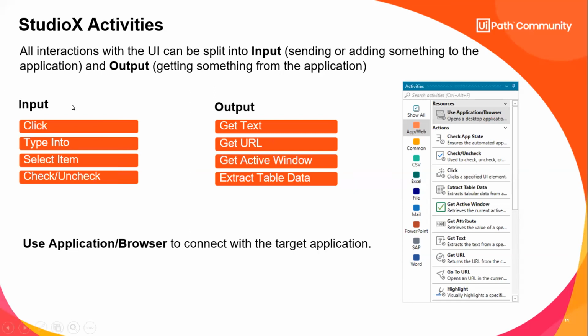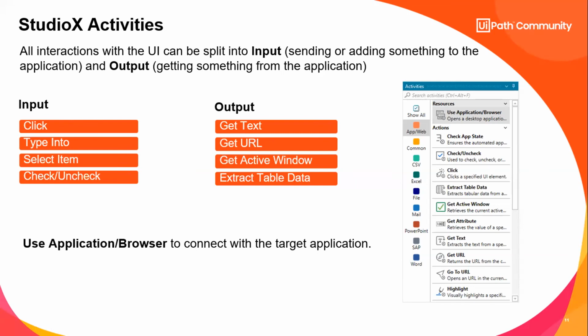For example, a few of the activities that come under the input category: click, you are sending a click activity to the application. Type into, you are again sending some data into the application. Select item, you are selecting an item from the drop down. Check, uncheck, you are checking a particular box or unchecking something. So you are sending or adding something to the application, right?